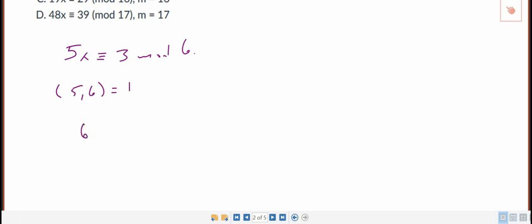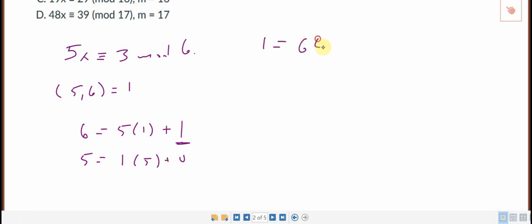It's going to be 6 equals 5 times 1 plus 1. 5 equals 1 times 5 plus 0. So my linear combination would be 6 times 1 minus 5 times 1, right? Or plus 5 times negative 1, however you want to write that.